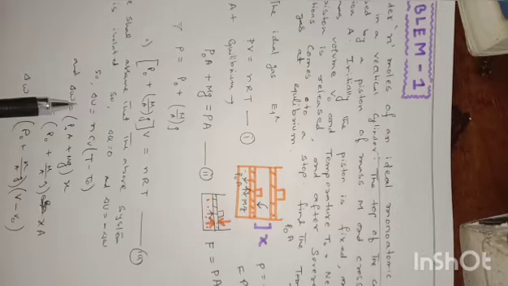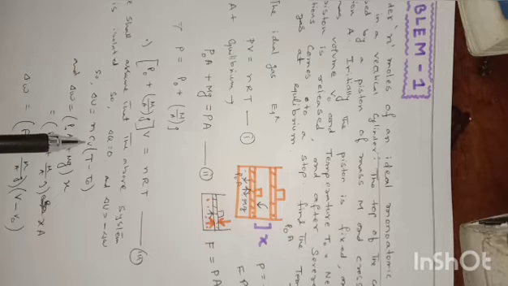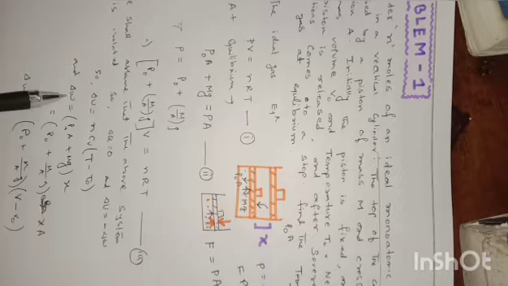Here the change in internal energy is nothing but nCvΔT, and ΔW is the work done by the piston.